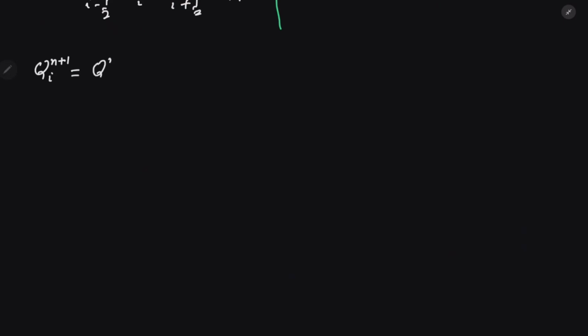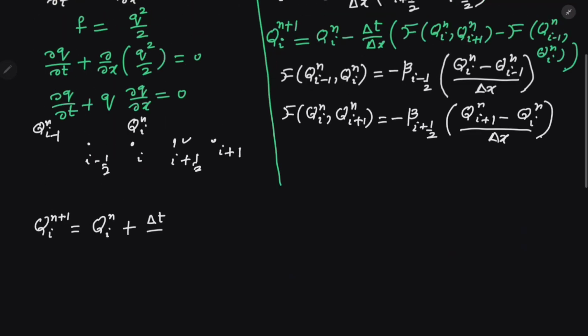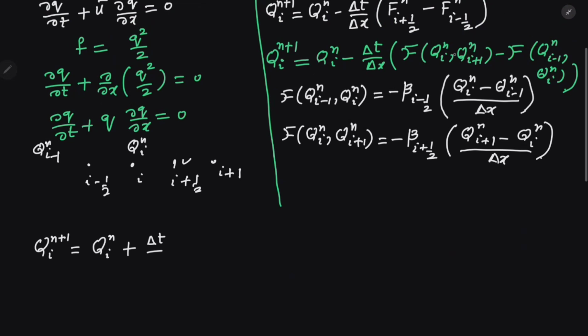So we can write this as q n plus 1 i is equal to q n i plus delta t by delta x whole square times, and we put the value of these fluxes over here. First we put the value of beta i plus 1 half.